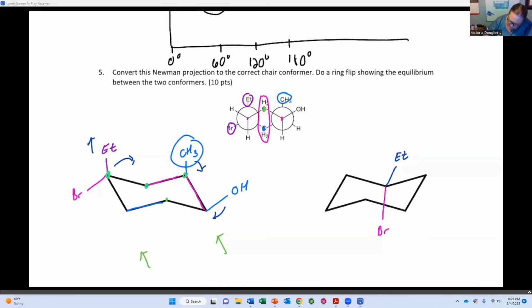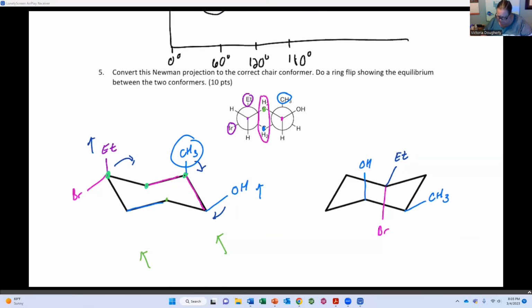This methyl right here is up axial, so it's going to shift over here to up equatorial. The OH is up equatorial, so it's now going to be here, up axial.